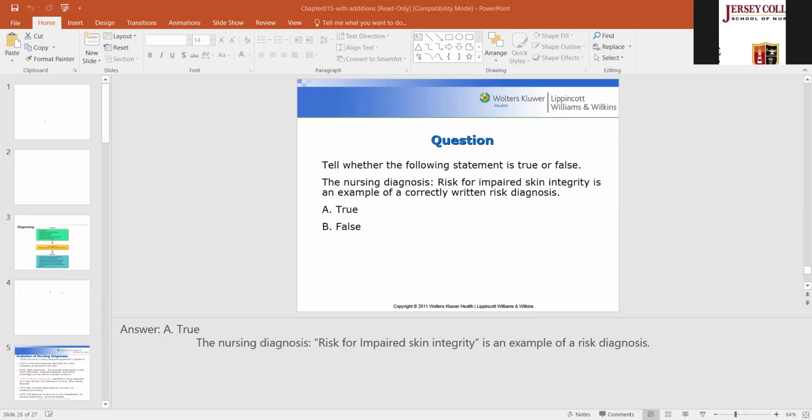Let me just see if I can find something else to break it down for you a little bit better. Yeah, because on a test, I would not have picked that because I would have thought it was incomplete if it didn't say related to. Right, that's what I was going to say.